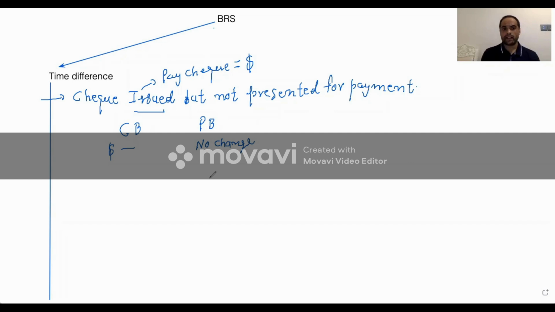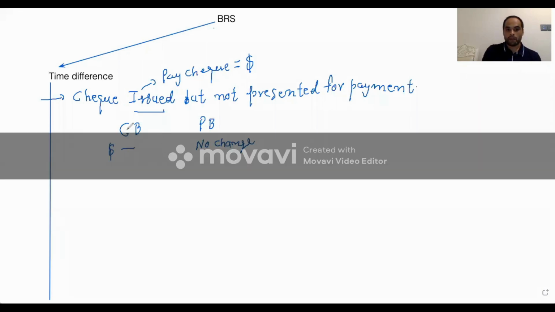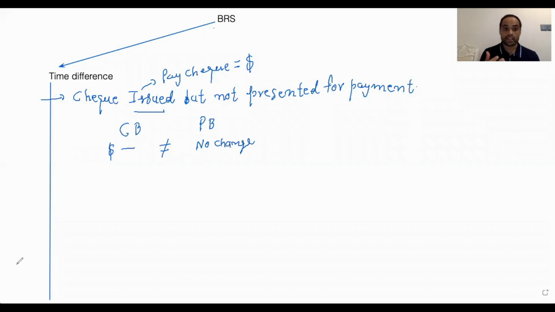Only cash book minus, passbook not minus, because it takes 2 to 3 days. After 2 to 3 days, your passbook balance will be minus, but not today, not the same time. So that's the meaning of time difference. If money is out from your cash book but not out from the passbook, the balance will be unequal. That's the first reason for the time difference, which leads to a difference between the cash book balance and the passbook balance.